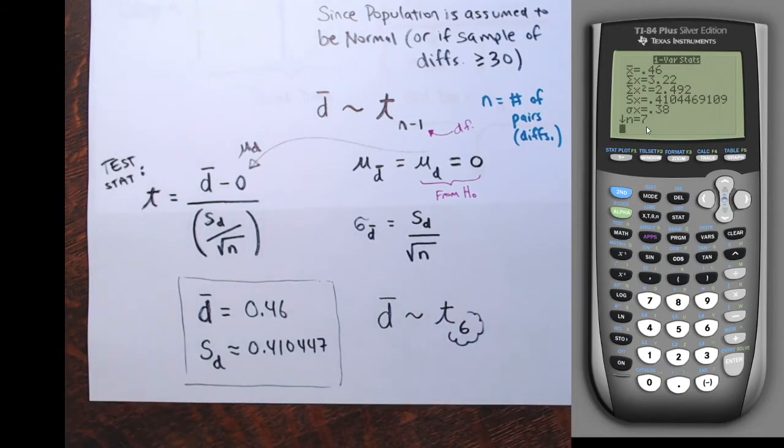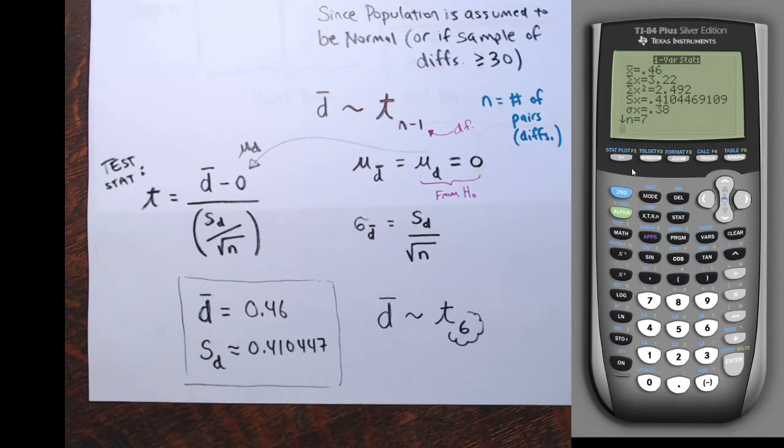That's n minus 1, the number of pairs minus 1, or the number of differences minus 1. And again, this hopefully looks all familiar from doing a t-test with a single sample. And that's what we've done. We've taken 2 dependent samples with paired data and transformed it into a single sample of differences. So working with this is exactly the same as before.